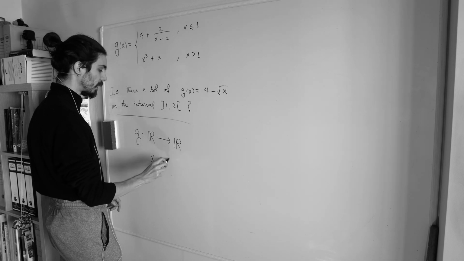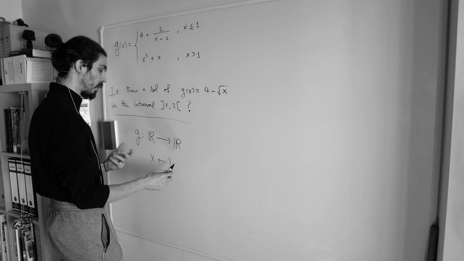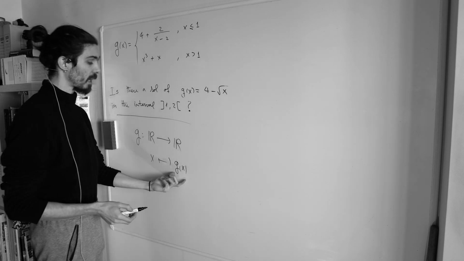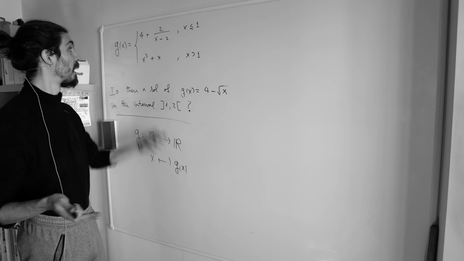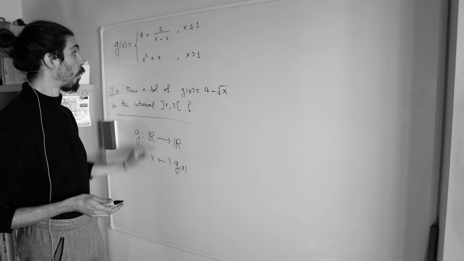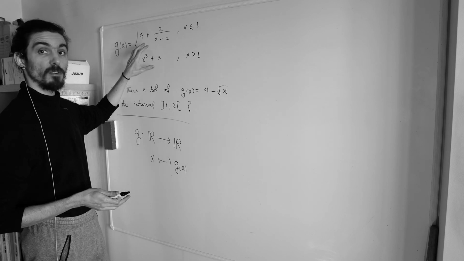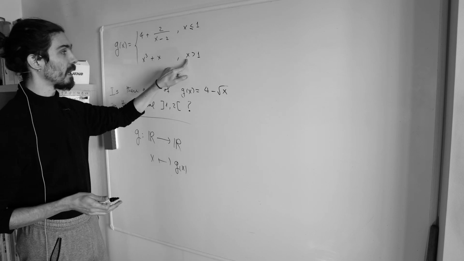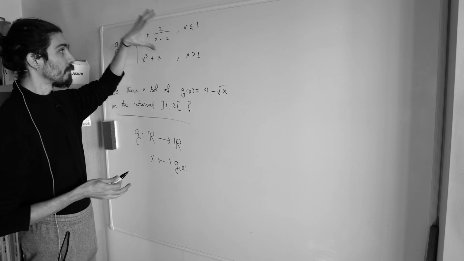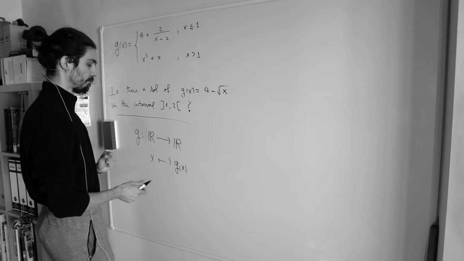And every x, which belongs to the real numbers, is going to be mapped into the number g of x. And g of x is just an abbreviation for either this number, when x is less than 1, or this number when x is larger than 1. So this thing is a definition of a function.